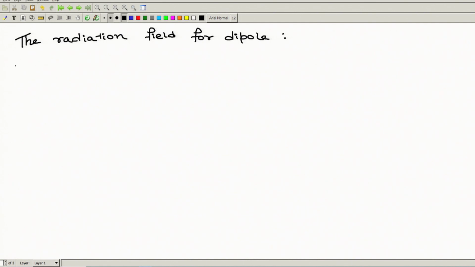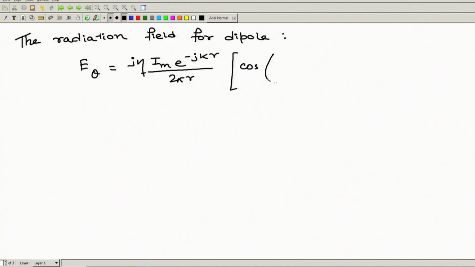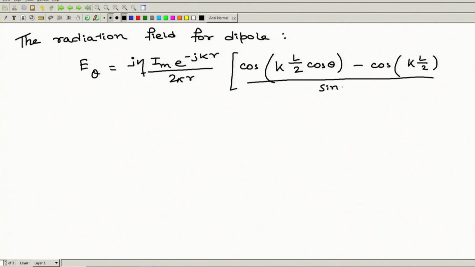For the current distribution, the radiation field can be written like E theta equals j eta e to the power minus j k r upon 2 pi r, times cos of (k l by 2 cos theta) minus cos of (k l by 2), by sin theta. So this was the radiation field for the dipole.